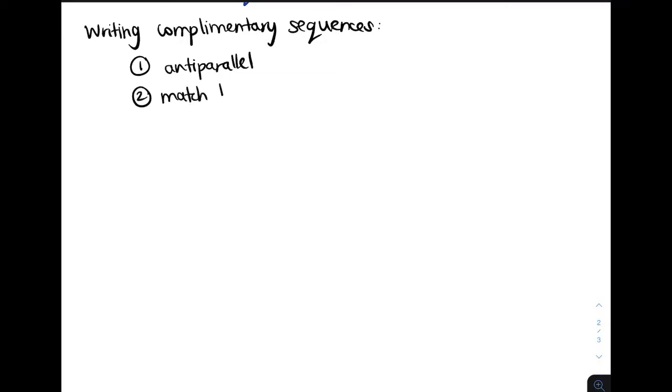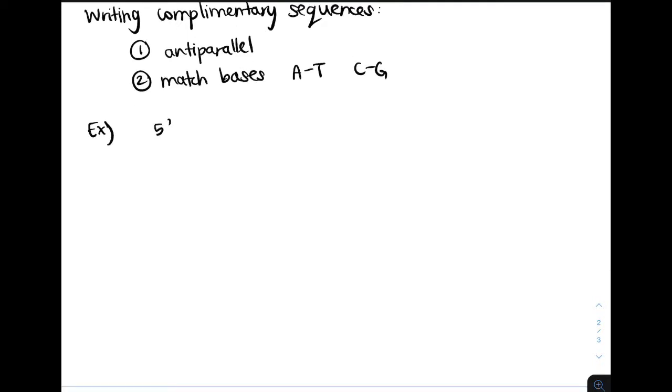Also, given a sequence of DNA, always pair adenine with thymine and cytosine with guanine. Let's now look at this example. If this is our DNA sequence, remember it's antiparallel, so our complementary strand will be 3' to 5', and then match adenine with thymine and guanine with cytosine.